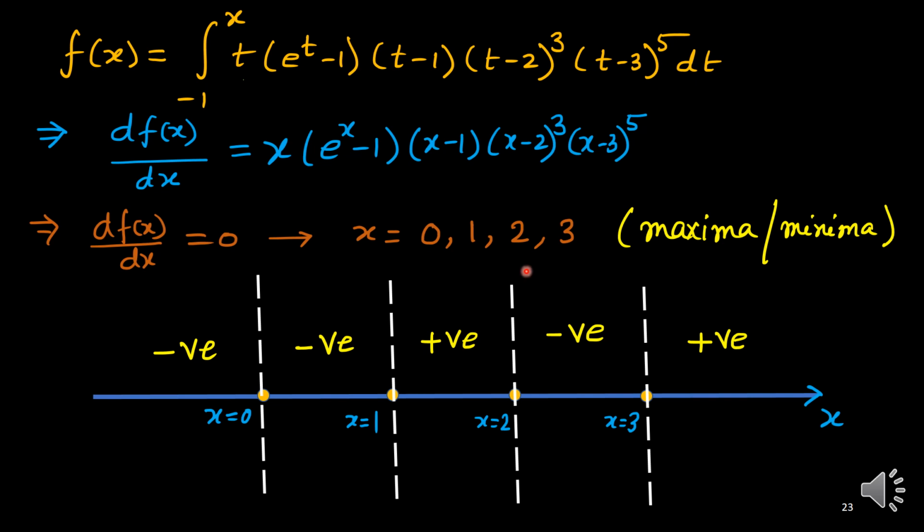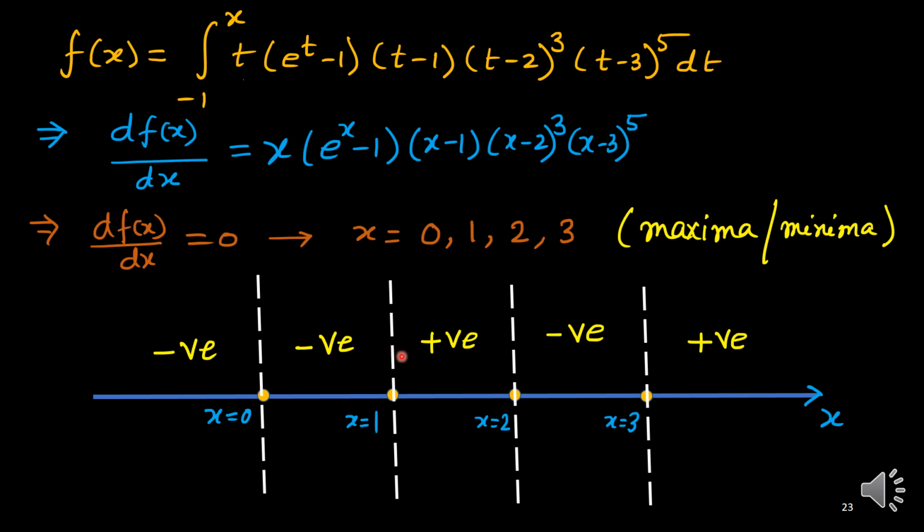Now to find minima, what I have said is that around that point, on the left-hand side the function should decrease and beyond the point the function should increase. It means the left-hand side should have a negative sign and the right side should have a positive sign. These are the signs for the derivative values, right?